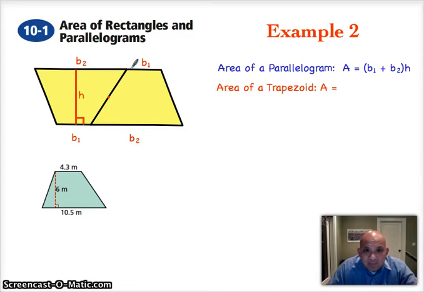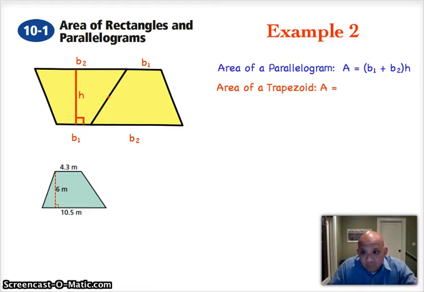Now on the top we have the same measurements, but they're inverted. When we draw this diagonal, we divide it into two trapezoids, and this measure is the same as this. This measure for B2 is the same as this measure. Again, for the entire parallelogram, its area equals the base, which is B1 plus B2, times the height, which is h.